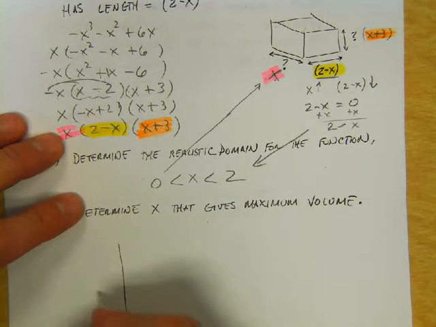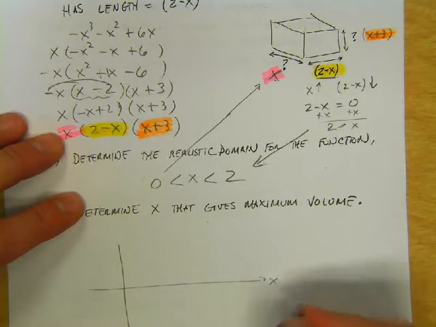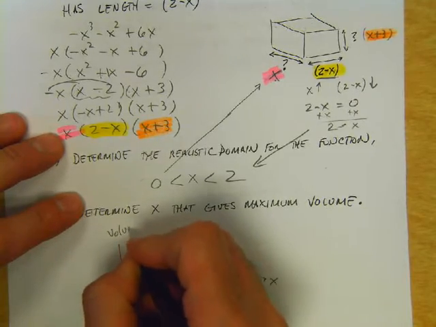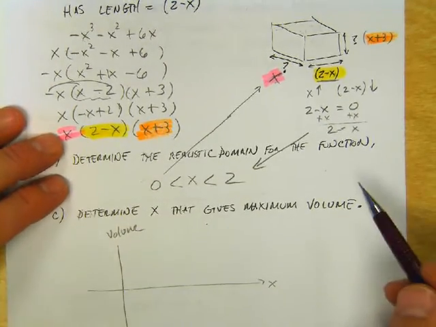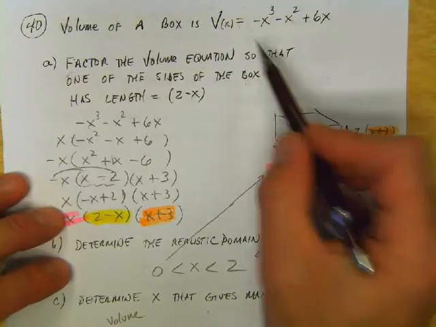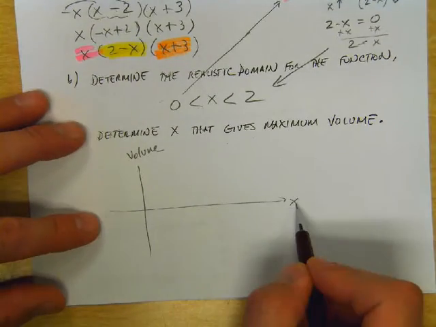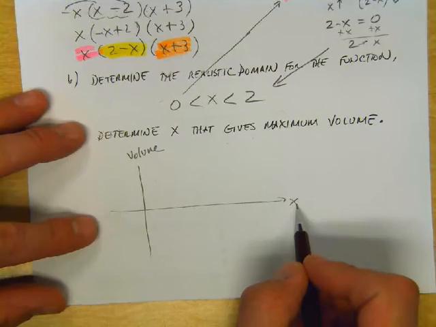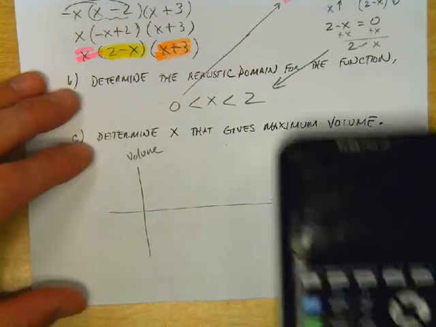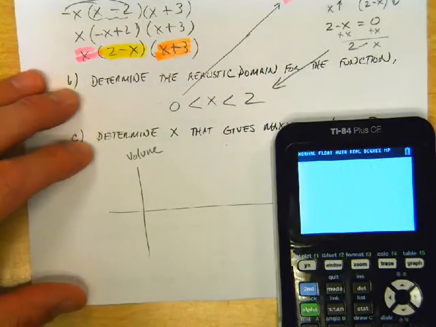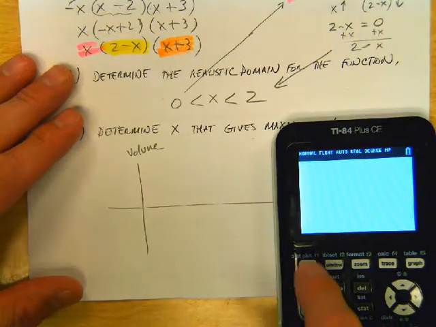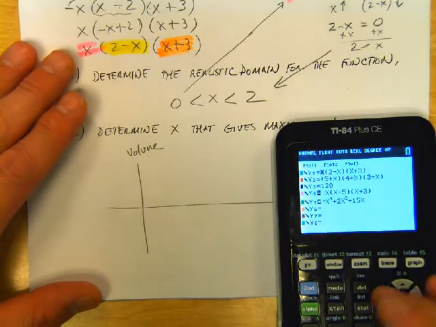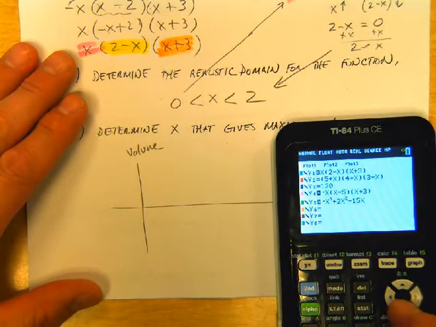Alright, so now let's graph this volume function as a function of x, and then we'll find the maximum. So if you go into your calculator and you go to y equals, I have some excess equations in here.